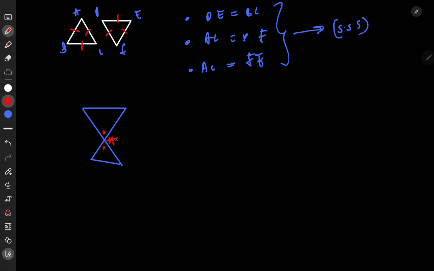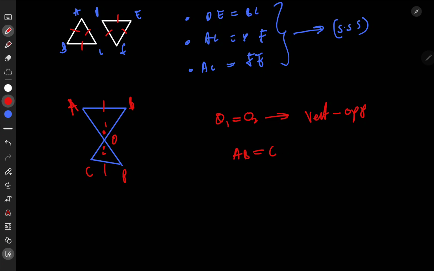Let me call this center O, O1 and O2. You can say O1 is equal to O2. Vertical opposite angles. Also, maybe it's given that this side is equal to side CD. Then I'll say AB is exactly equal to CD.